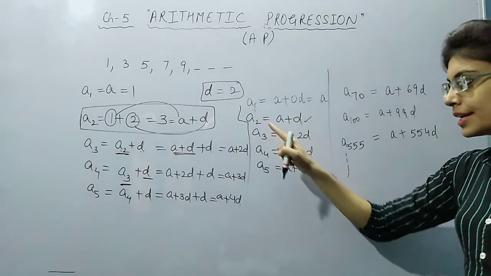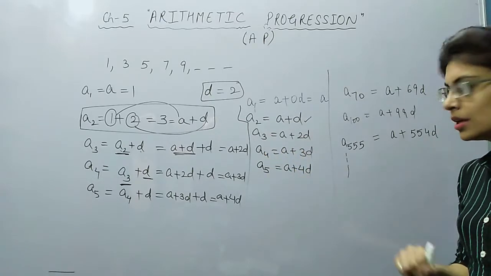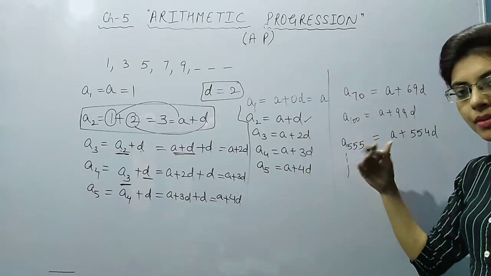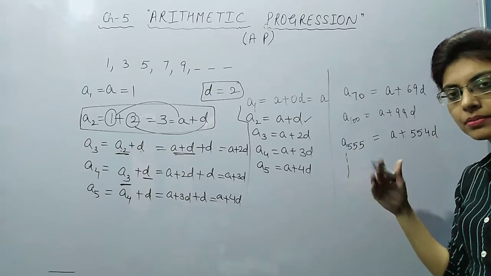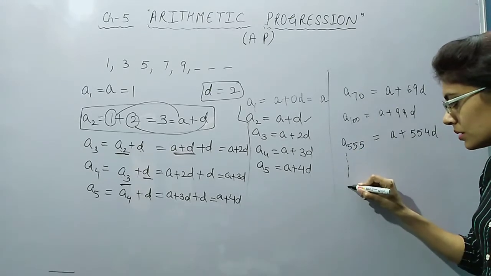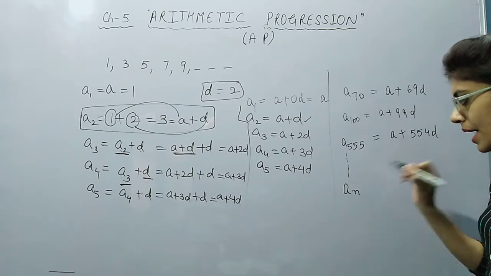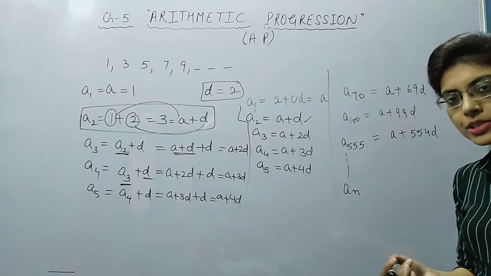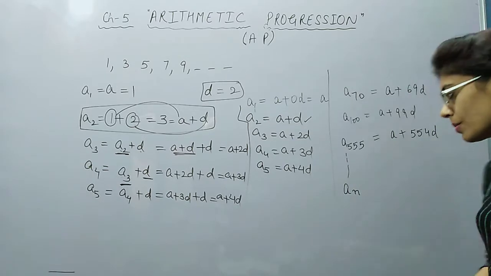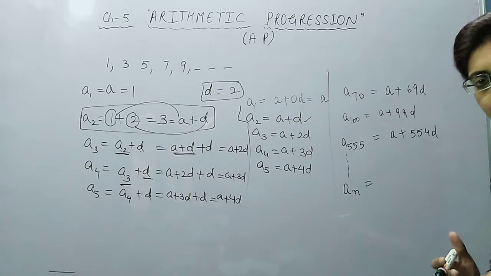Now coming to the formula. Here we have written the second term, third term, fourth, fifth. Here we have written the 70th term, 100th term, 555th term. Now somebody is asking what will be the nth term, where n is any natural number. Now I can answer very easily.